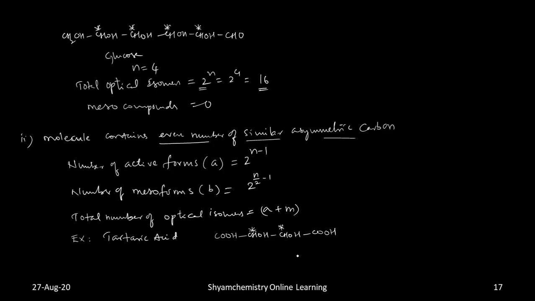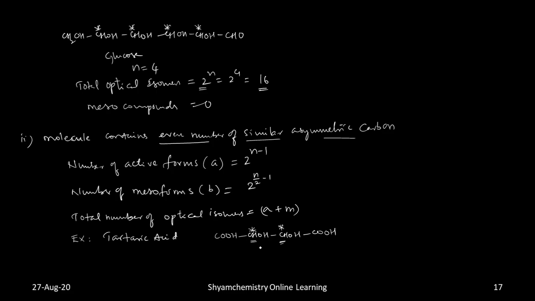Okay. For any given n number of asymmetric carbons, there may be 2 to the power of n isomers when those asymmetric carbons are not similar, but here these two carbons have the same environment. Look at this, CH, one hydrogen, OH group and COOH group here, and this is COOH, H and OH.